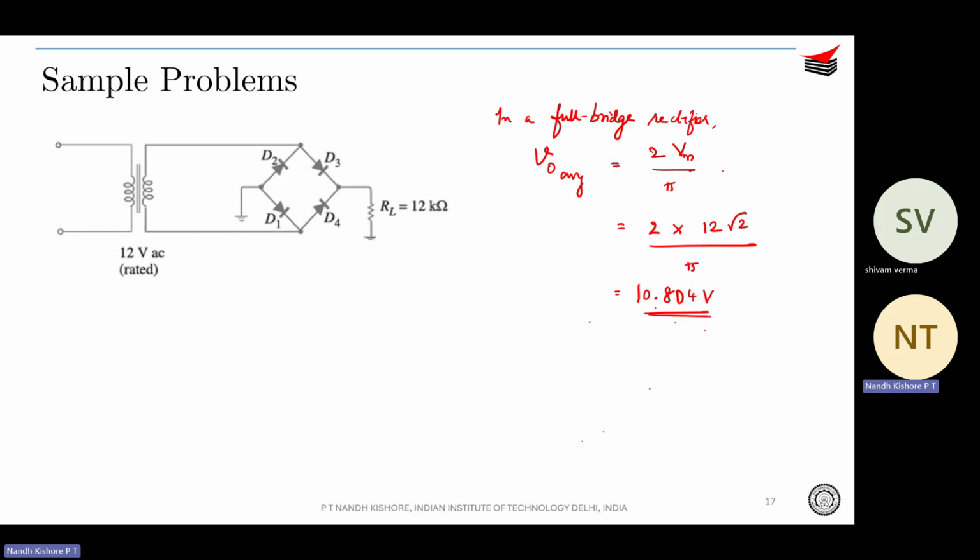This is the average output voltage. They have asked for the average output current, I naught average. I naught average would be how much? V naught average divided by your RL, which is 10.804 divided by 12K. Around 0.9 amperes.